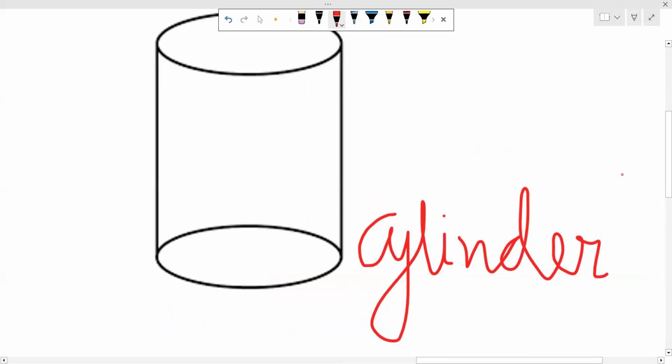Now it is the cylinder. In the cylinder, you can see two circles are there, and there is some kind of rectangle joining them. The area of the circle is pi r square. This is your height H, the height of the cylinder. So the volume of the cylinder is pi into r square into h.